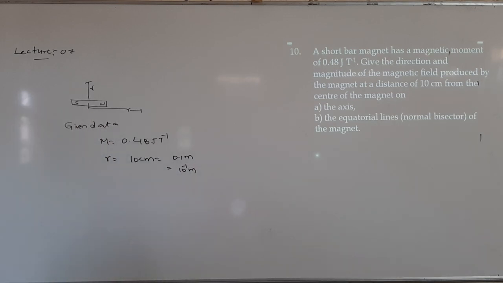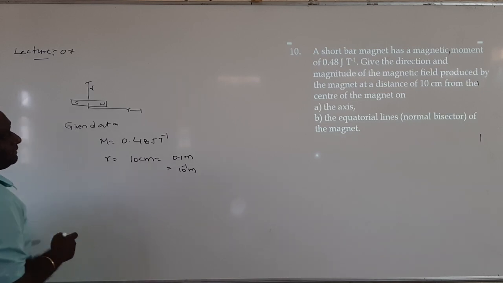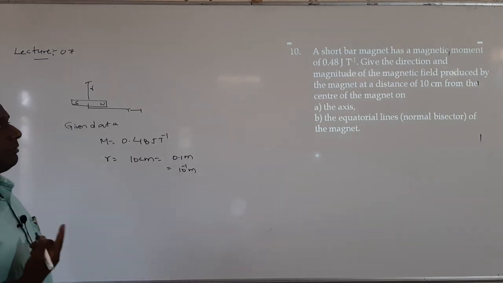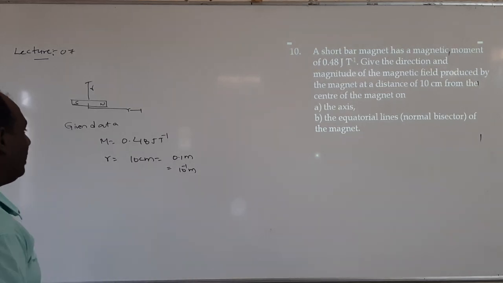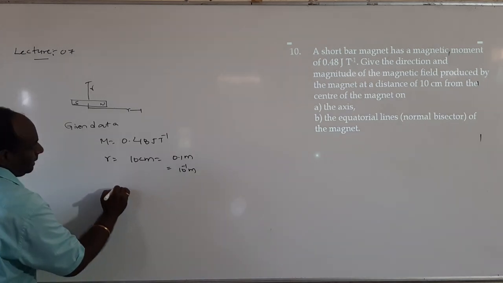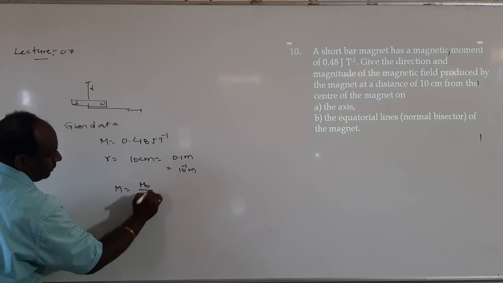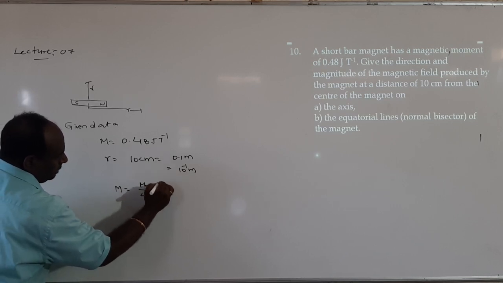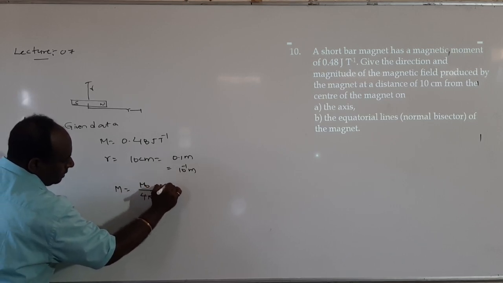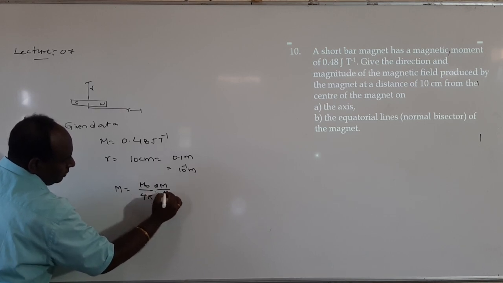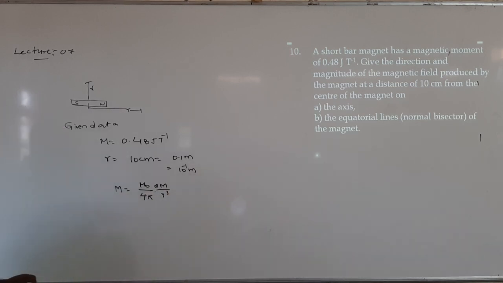Now they are asking the magnetic field along the axis. Sir, if the length of the bar magnet is not given, we can consider it a short bar magnet. So the magnetic field along the axial line is mu naught by 4 pi into 2m by r cube. Mu naught by 4 pi value is 10 power minus 7.